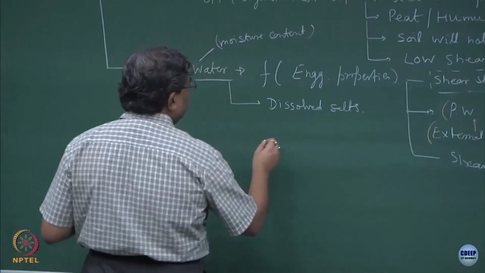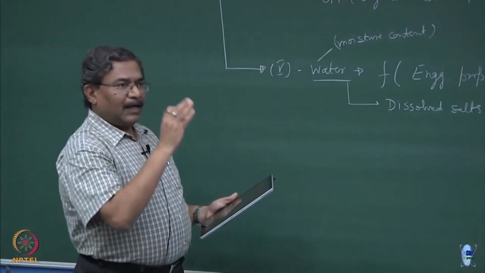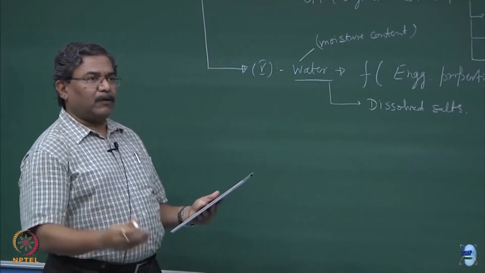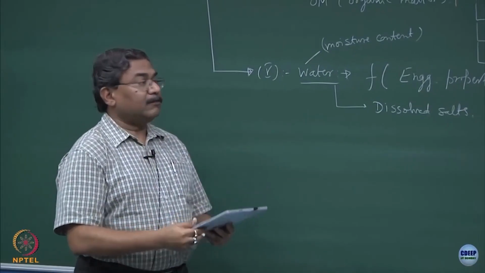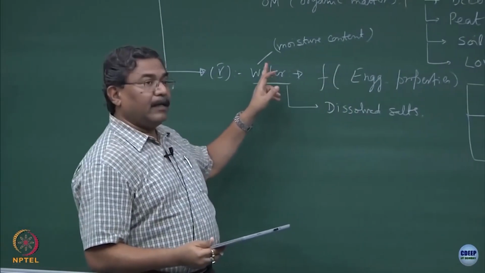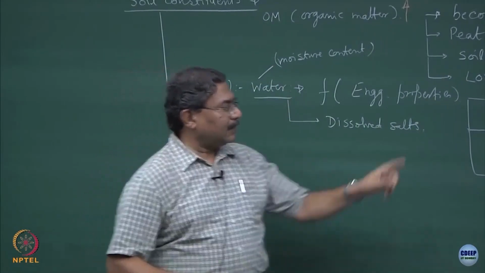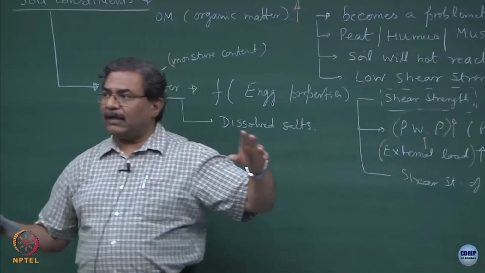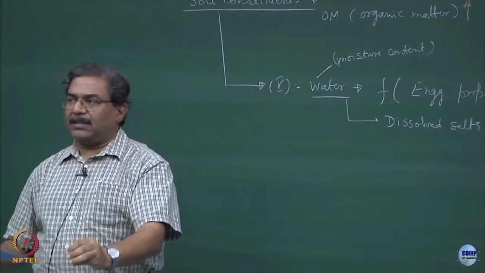Now, when we talk about dissolved salts, there are a few passive salts and a few active salts. Carbonates, bicarbonates, sulfates, chlorides are the ones which occur naturally in the water, and these get impregnated. I hope you understand the word impregnation. Impregnation means they become a part of the system.